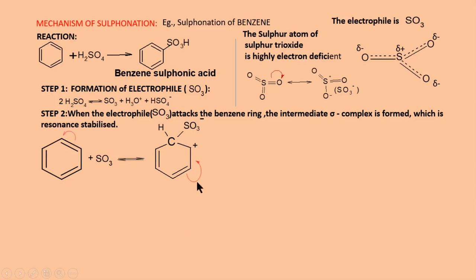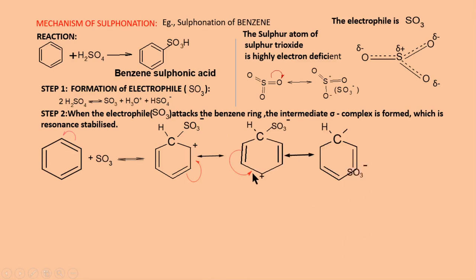Out of the 2 pi bonds, one should be shifted here, so that the positive charge will be shifted on the carbon, and to get the next structure it will be shifted like this. So you will get the positive charge on this carbon, and when this bond is shifted here, hydrogen can be removed as H plus.